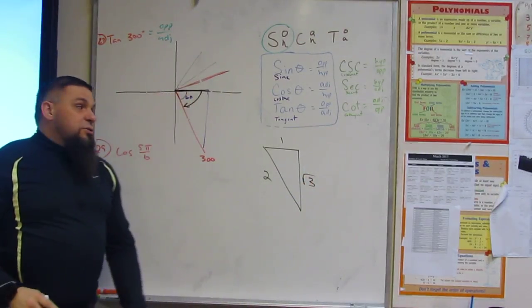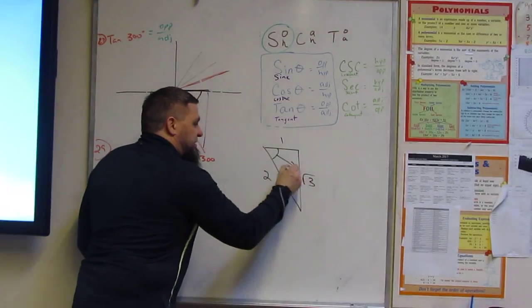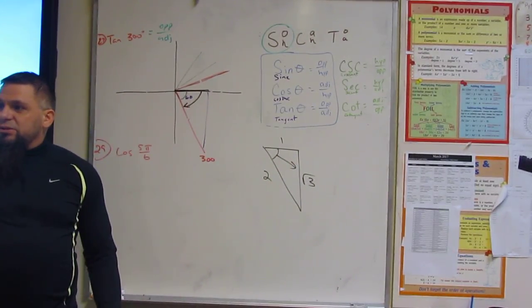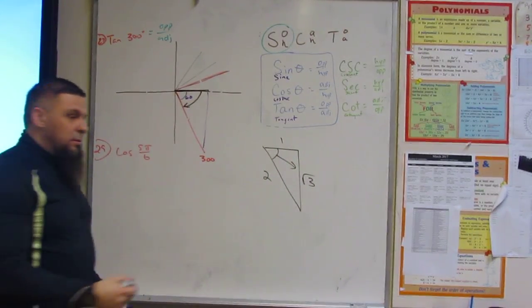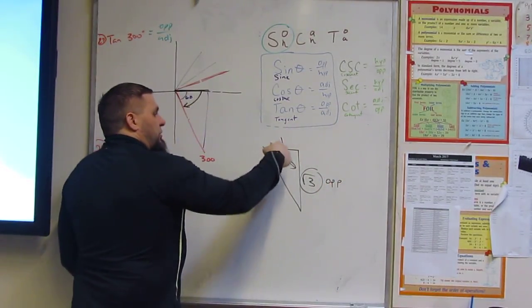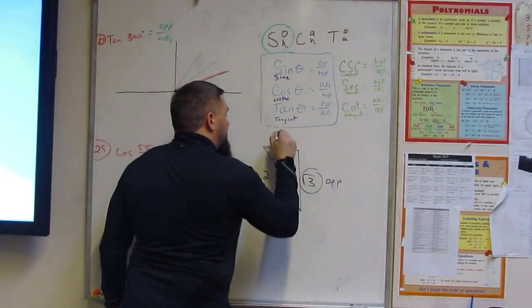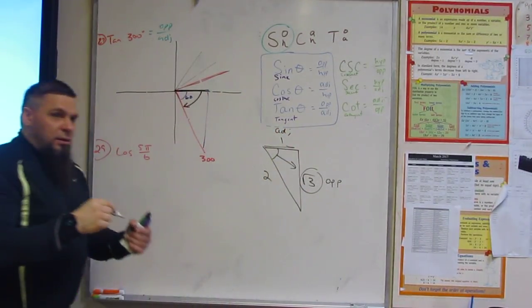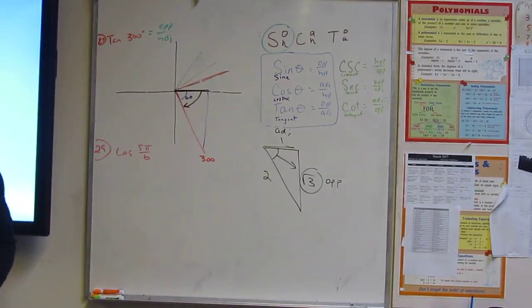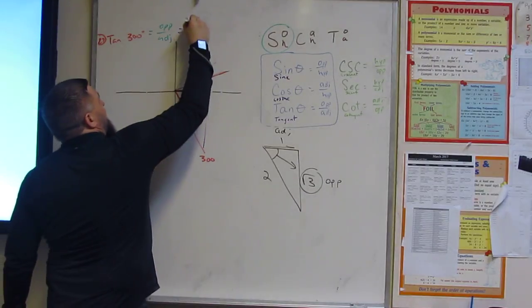So now I can say opposite is square root 3. This is opposite. This is what? Adjacent. So this would be adjacent.